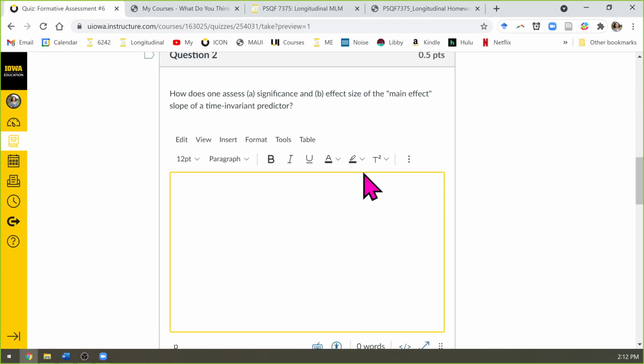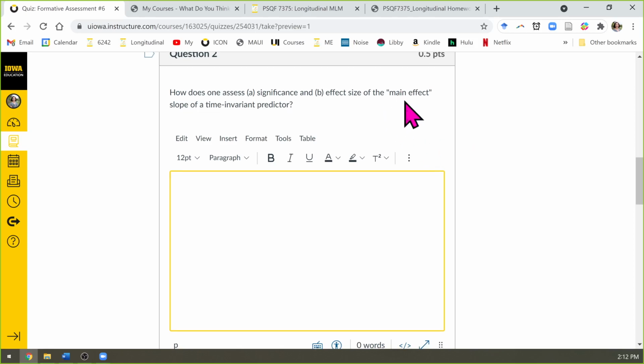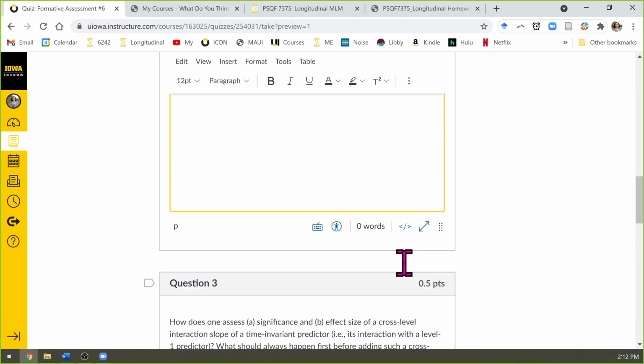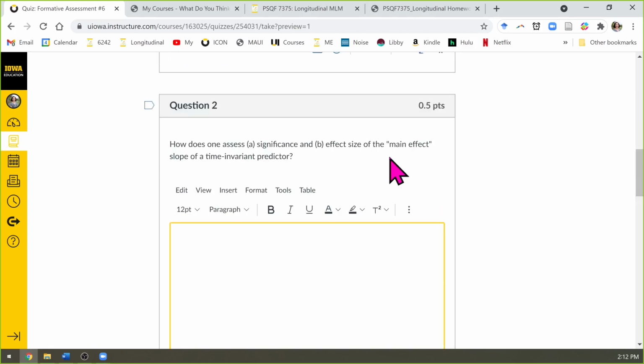Number 2. So 2 questions in parallel here. How do I assess significance and effect size of a main effect of a time invariant predictor, and then the same question for its cross-level interaction. By main effect, I was talking about having a predictor in the model just by itself, not part of an interaction with anything, just putting in the slope for the time invariant predictor.